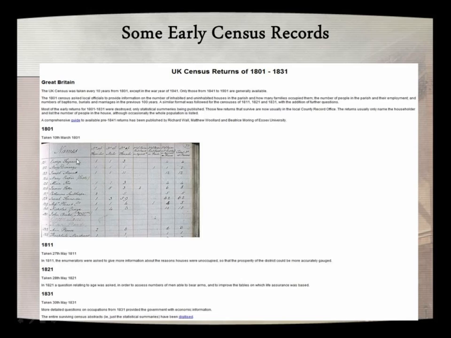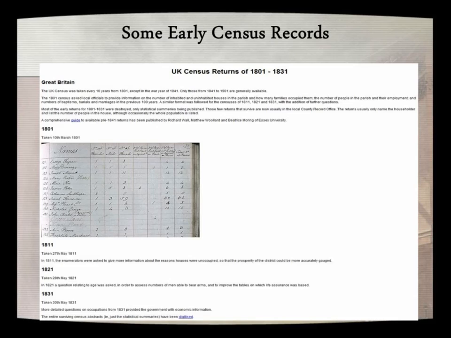And if you look, here's a sample of the listings where it gives the head of the household and then the number of individuals, the number of females, number of males, very similar to the early census records that we have in the United States from the 1790 to the 1840.